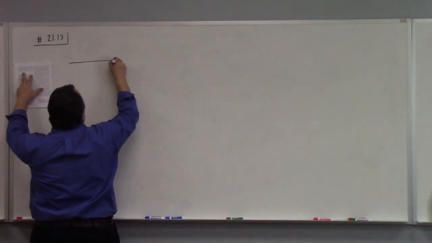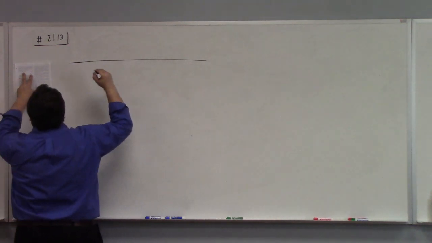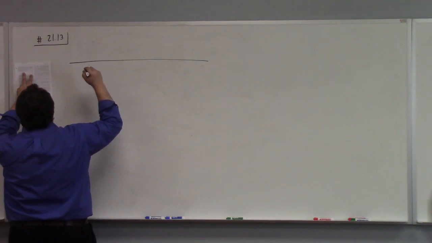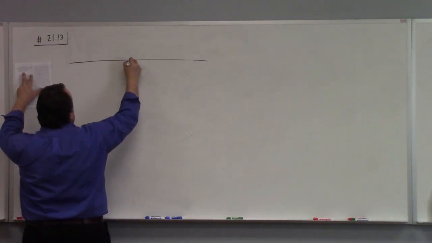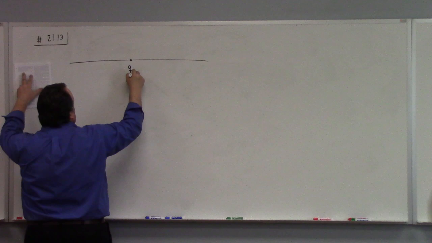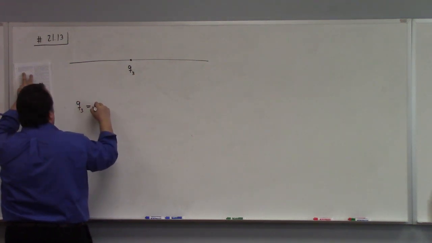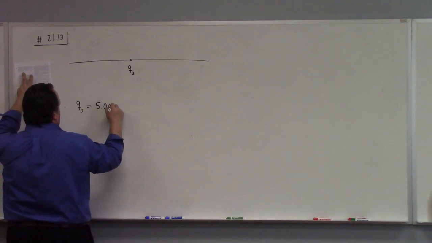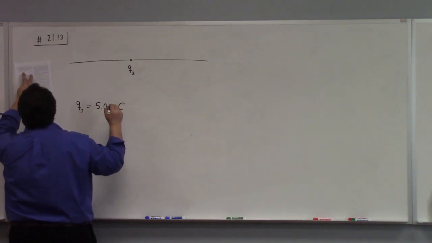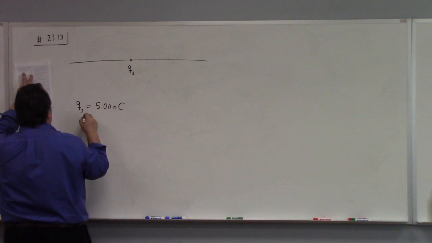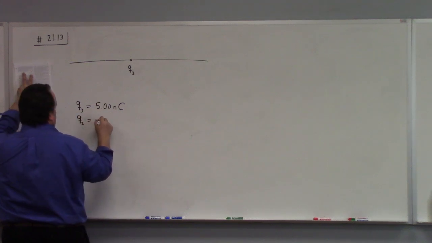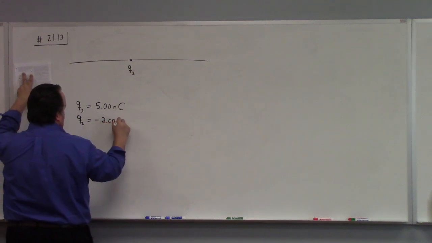All right, so we have 3 point charges arranged on a line. I'll draw the line, just a normal line. Charge Q3 is at the origin, and Q3 is equal to 5.00 nanocoulombs. Q2 is minus 2.00 nanocoulombs.